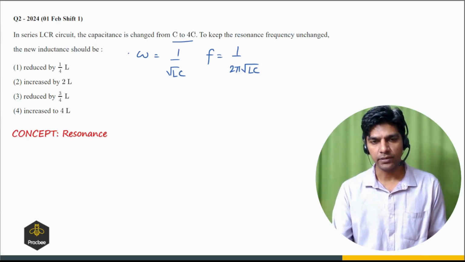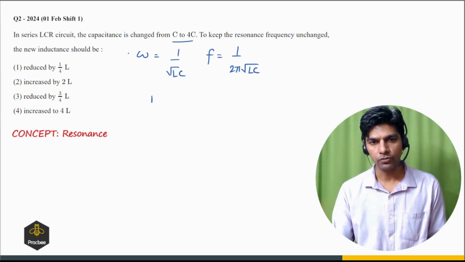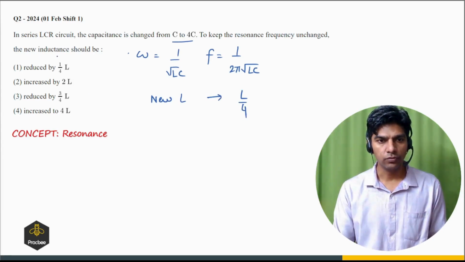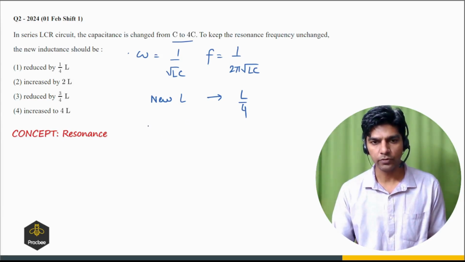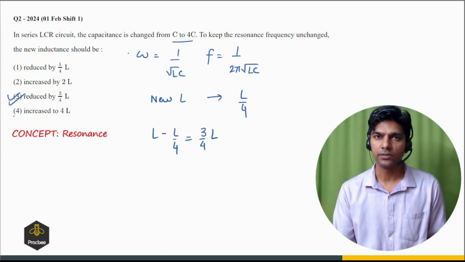So as we are increasing capacitance by 4 times, the inductance should be reduced by a factor of 4. So the new L will be L by 4. So the new inductance should be L by 4. So basically you have to reduce inductance by 3 by 4, 3 by 4 times L. So option 3 is the right answer.